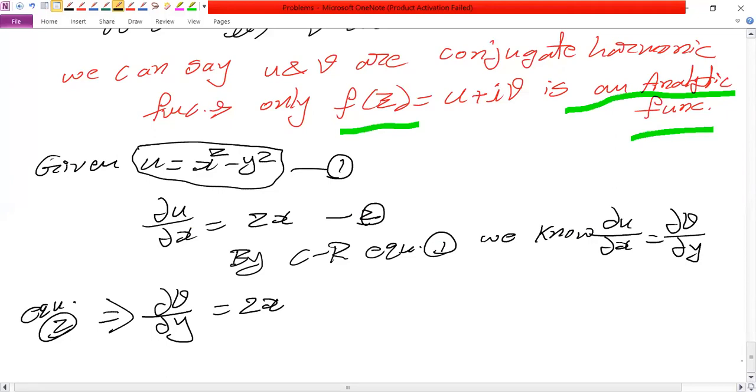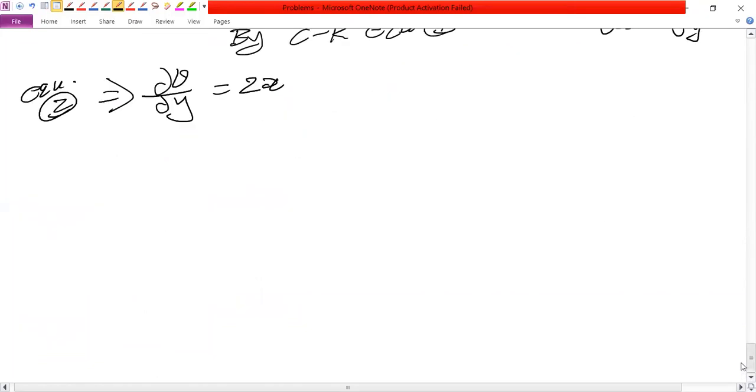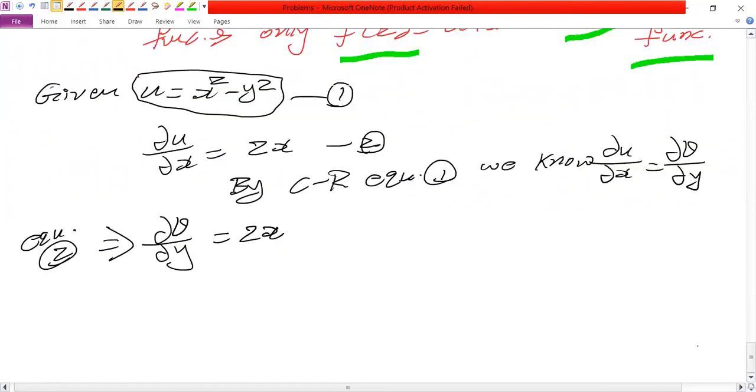Okay, but now can I do integration on both sides with respect to y variable? Apply integration with respect to y variable. We are not doing differentiation partially. We are doing integration with respect to y partially.